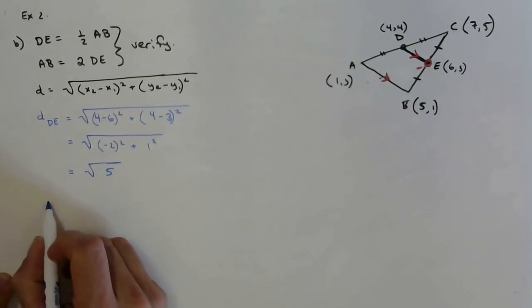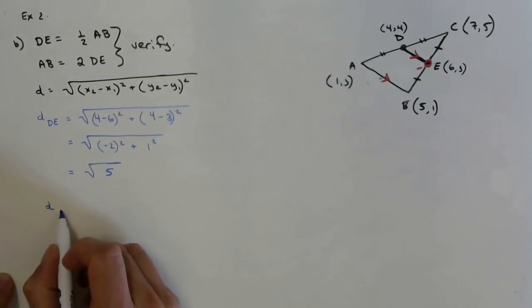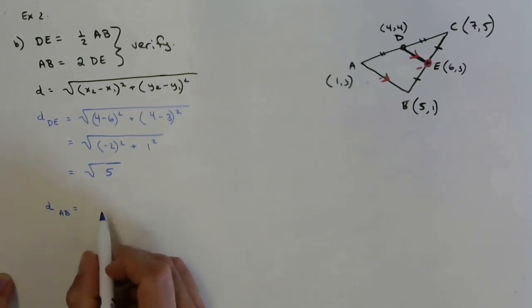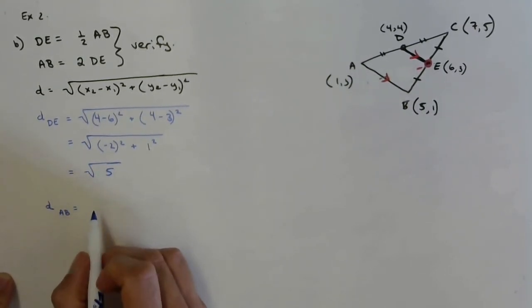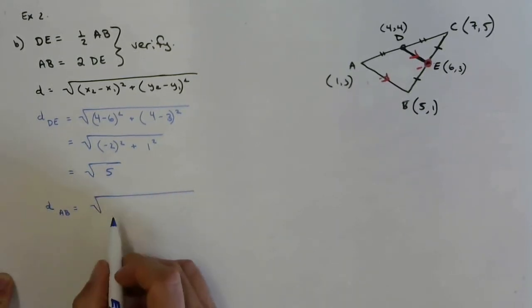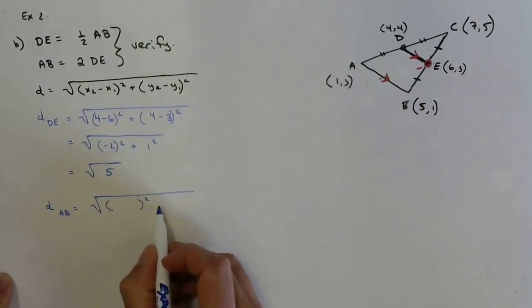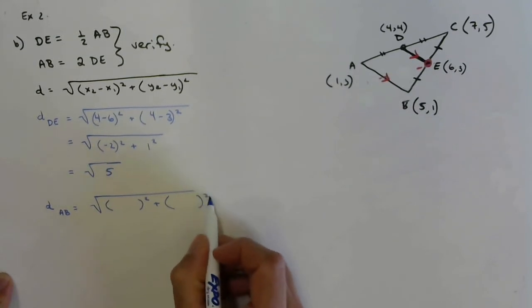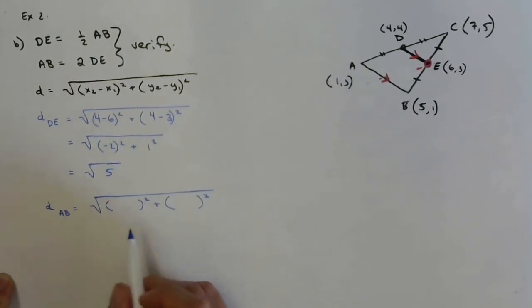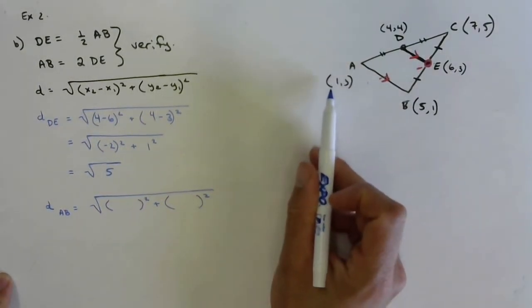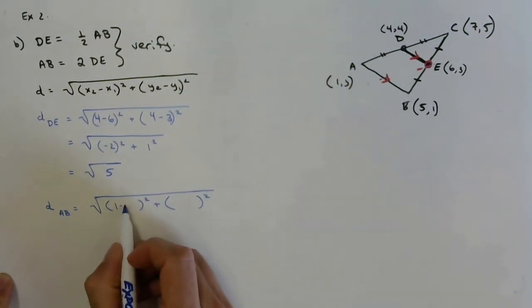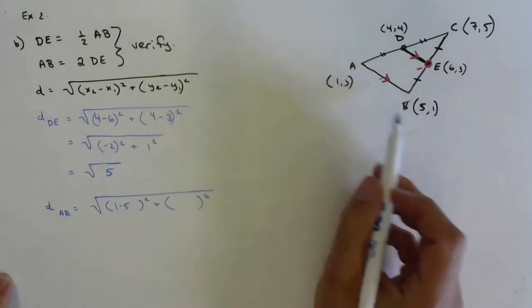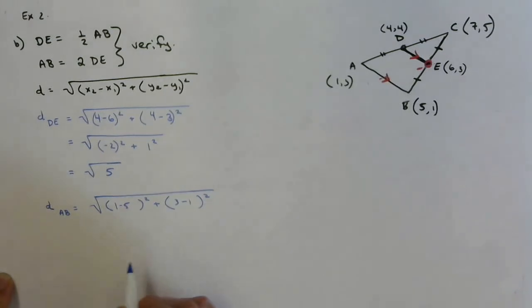Next step, find the distance of AB. And hopefully I get 2 times this. Let's see. Draw my radical symbol. Draw my brackets. Draw my squared. Fill in my numbers. AB. First of all, 1 minus 5, and then 3 minus 1.